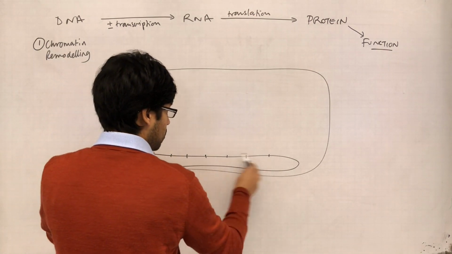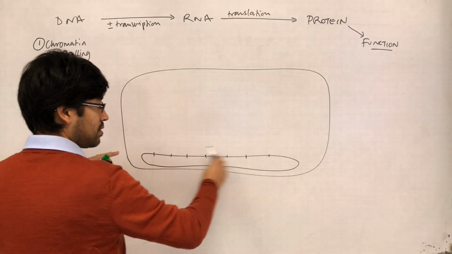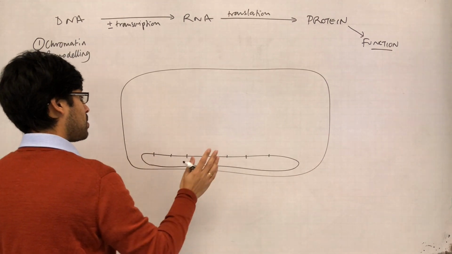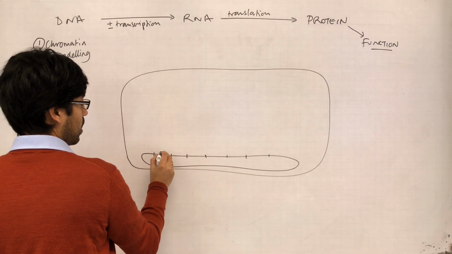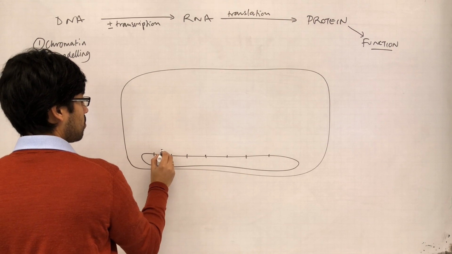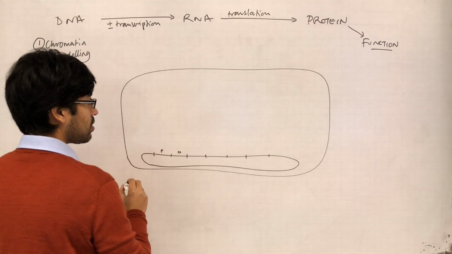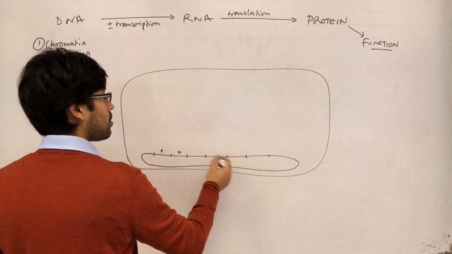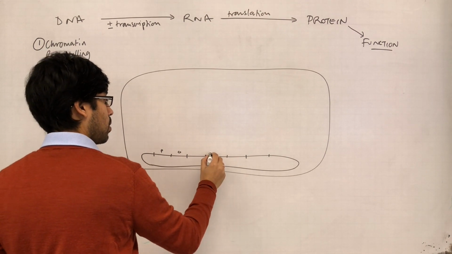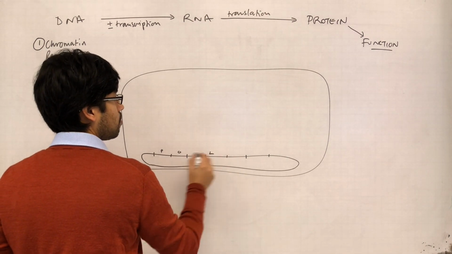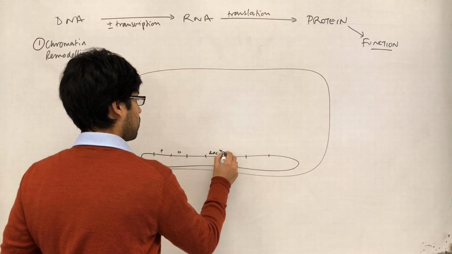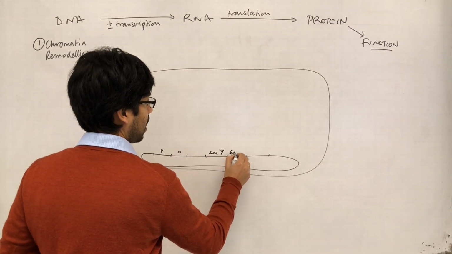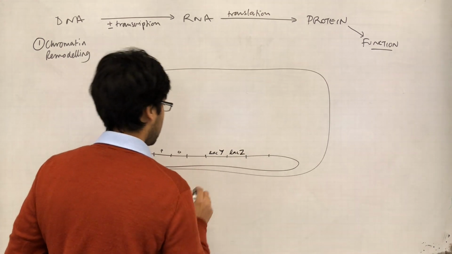This is a stretch of DNA, base sequences, nucleotides. Then we have a promoter region, an operator region, and then the Lac genes, including Lac Y and Lac Z.